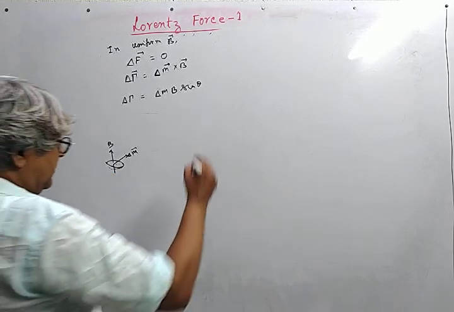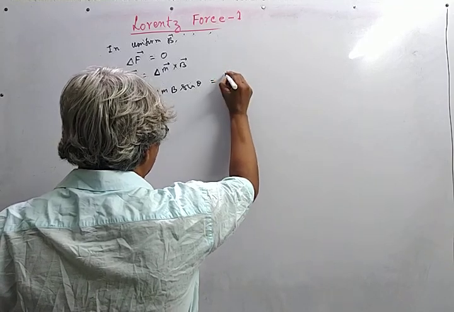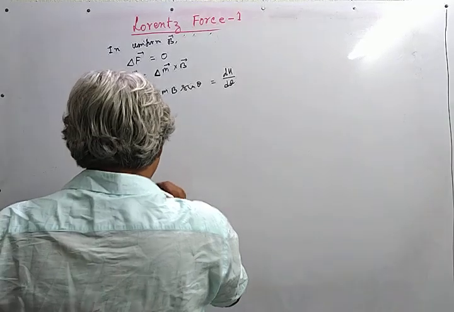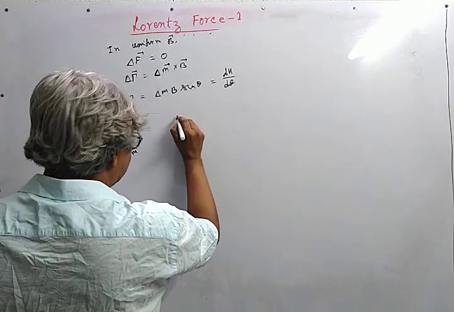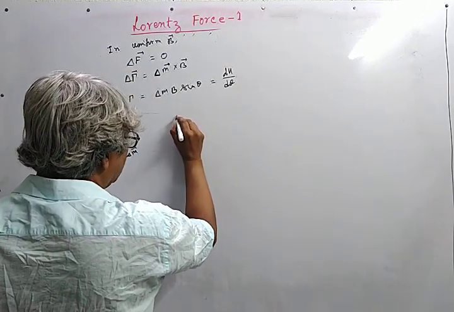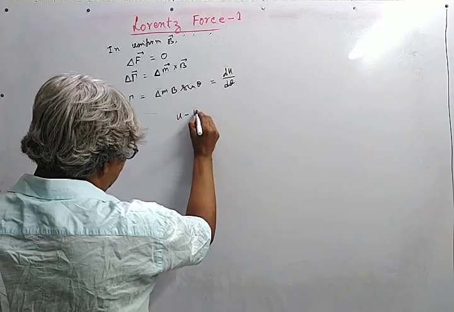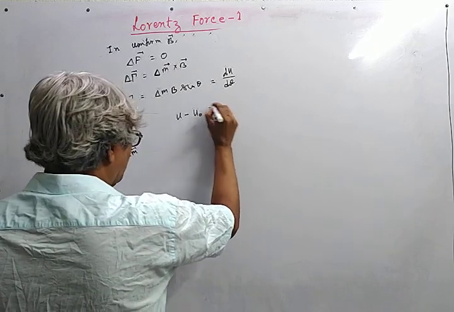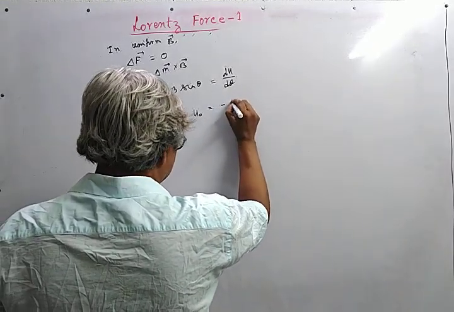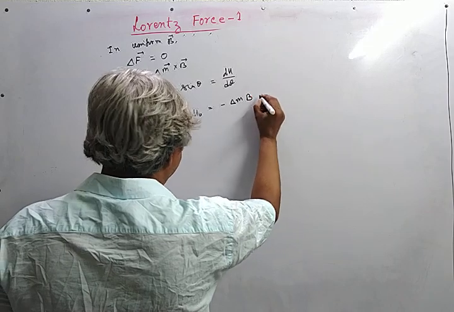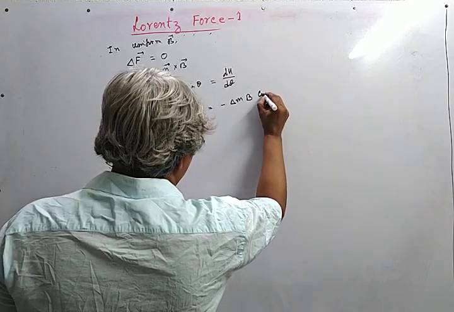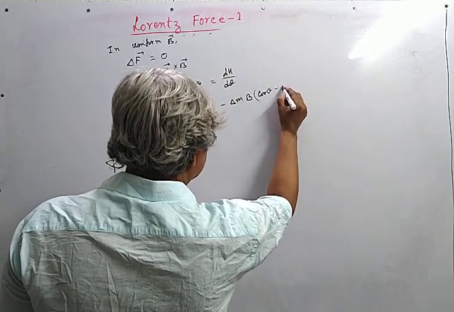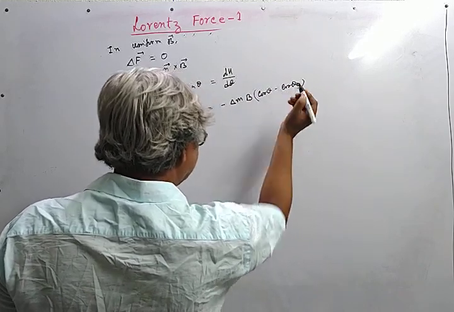So it leads to a potential energy, dU by d theta. If we integrate this, then we get U minus U0, where U0 is some reference potential, is equal to minus delta M B times cos theta minus cos theta 0.